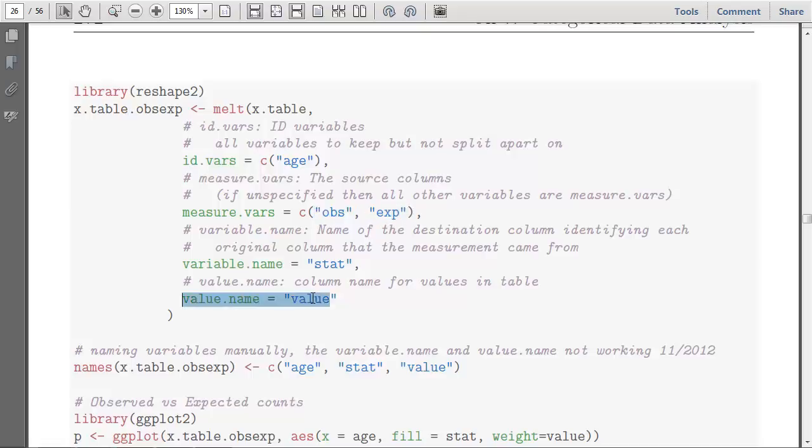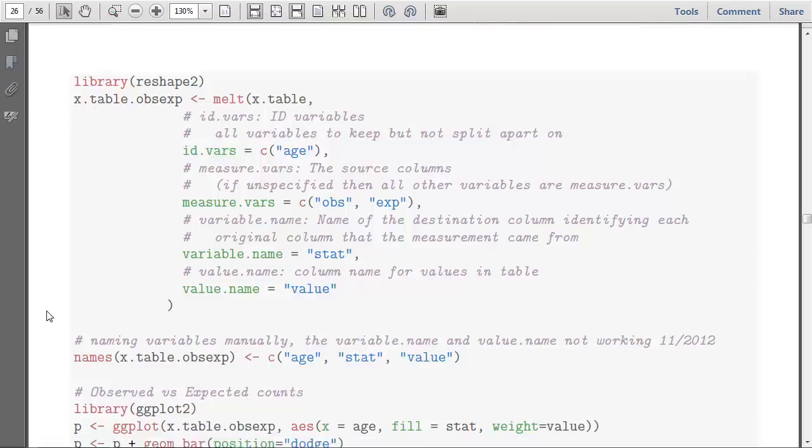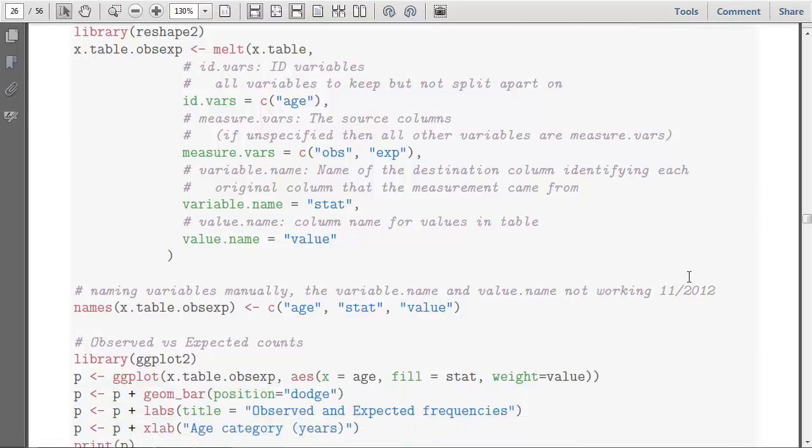And then the values, that is the numbers that fall in the observed and expected columns, will be put into a column called value. And for some reason back in 2012 when I was writing these notes, these labels weren't working. It may actually work, and you might not even need this row anymore. But this was just relabeling the age, stat, and value columns.